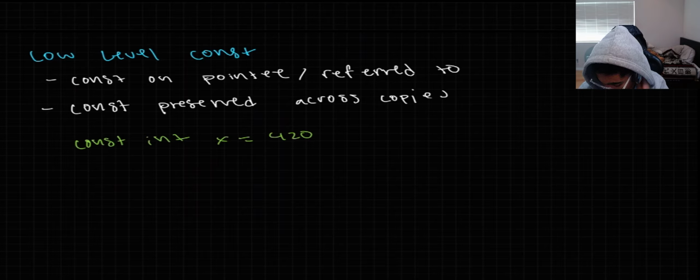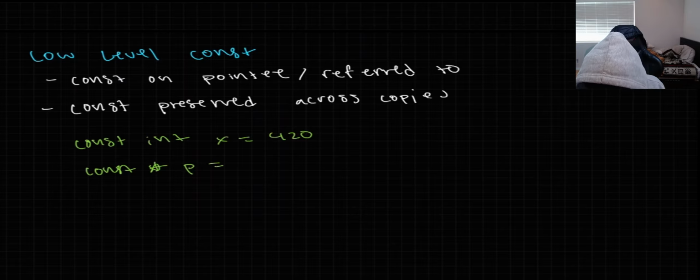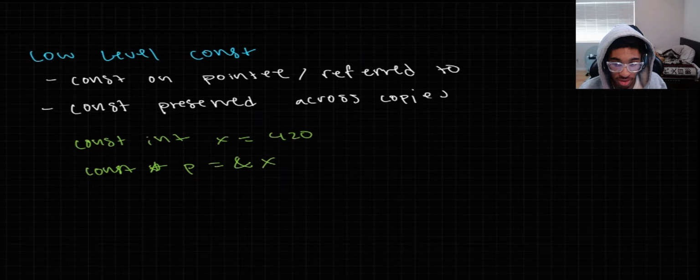And then we were to make a const pointer p, which is going to take the address of x. This pointer itself is not const, but is pointing to a const int. Forgot to add the int right here. But the point I want to make is right here we are adding a const.